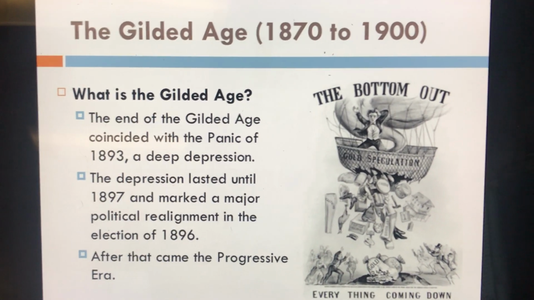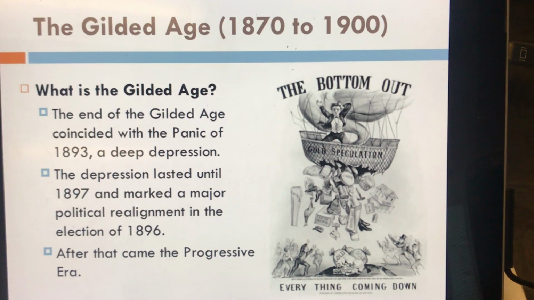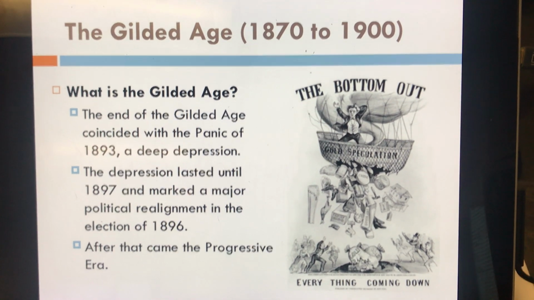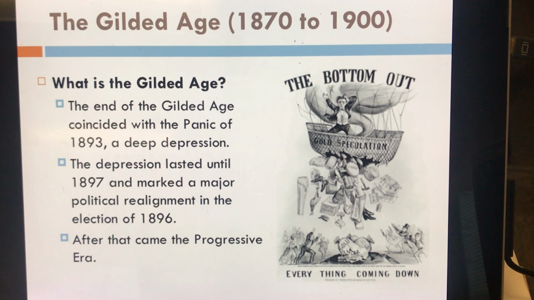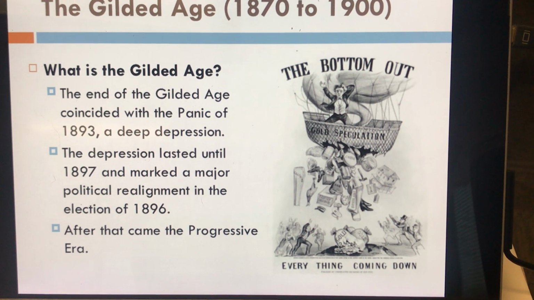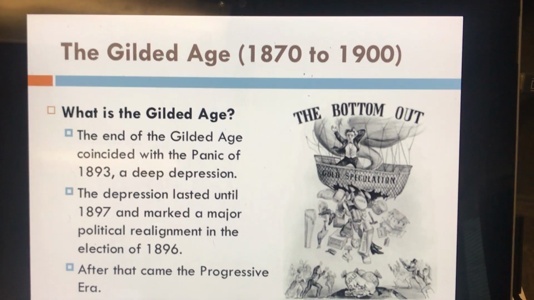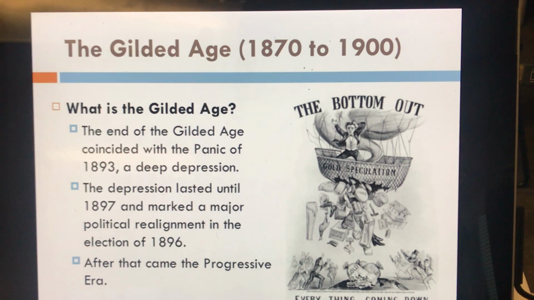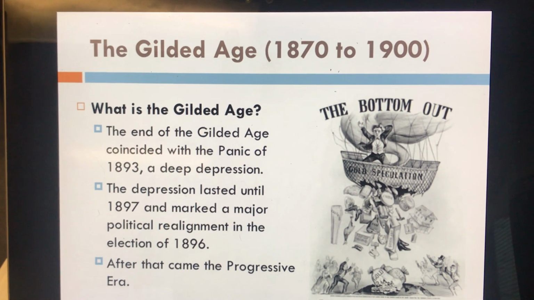It also is a time in which we talk about great economic growth, but there was actually a depression during this time, the Panic of 1893, that actually lasts until 1897. At this time, they don't call economic downturns depressions. They call them panics.